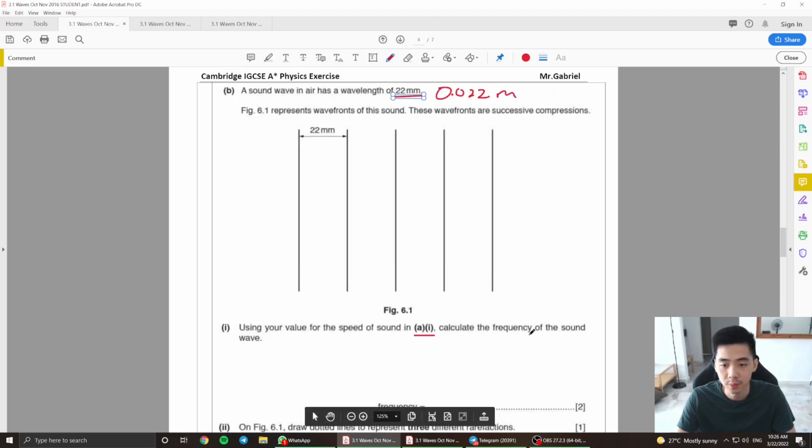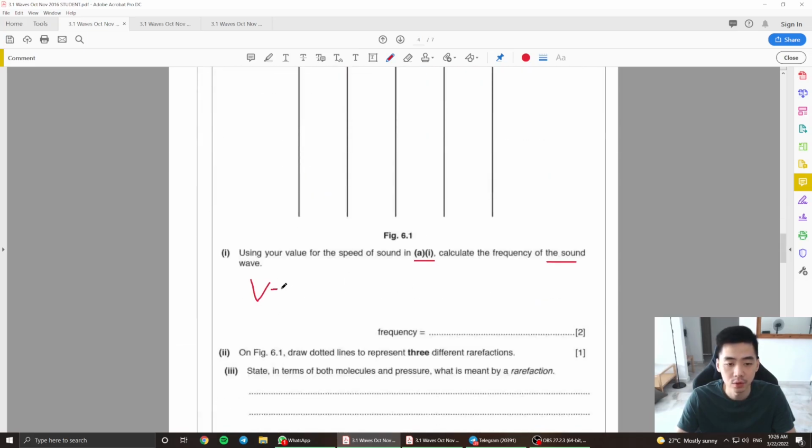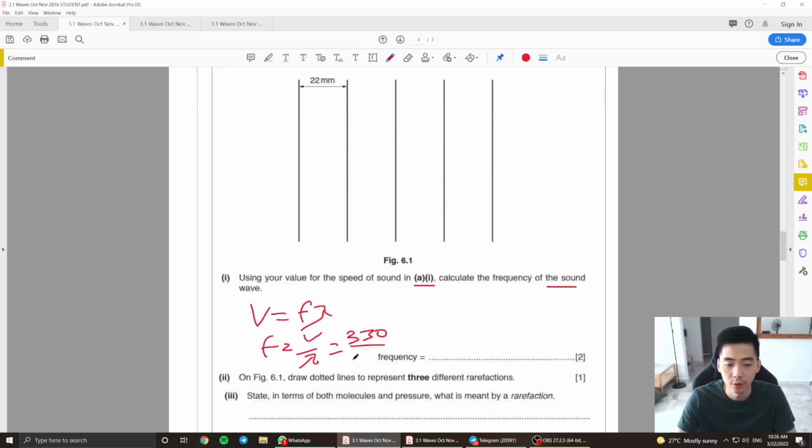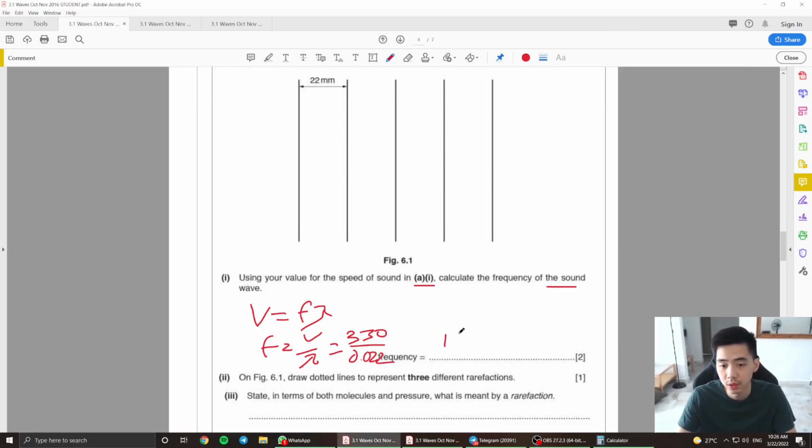If you're using the speed of sound in air, v = fλ, so f = v over λ, which is going to be 330 divided by 0.022. Press this into your calculator, 330 divided by 0.022, and you're going to get a frequency of 15,000 hertz.